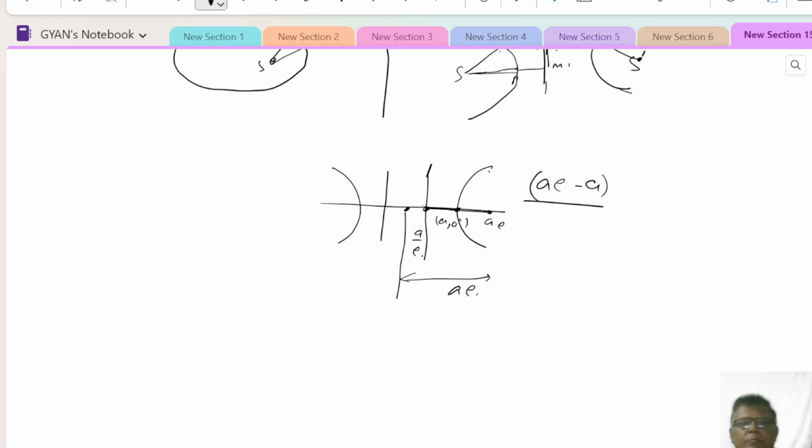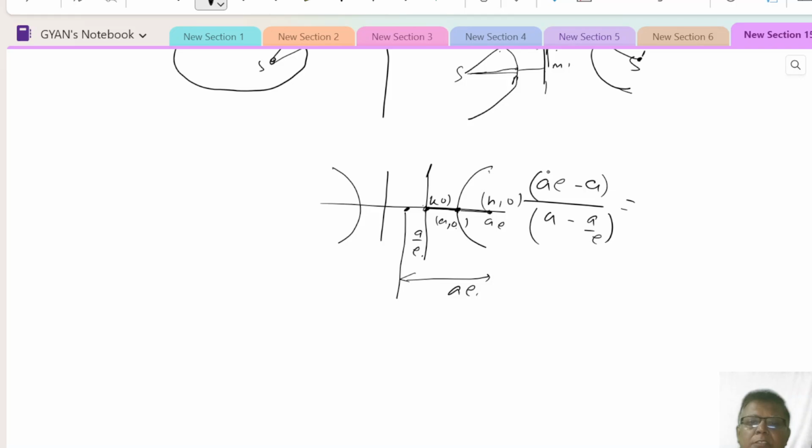divided by from here to this one. So here to this one, A minus A by E should be equal to this. You take H0 and this you take K0.